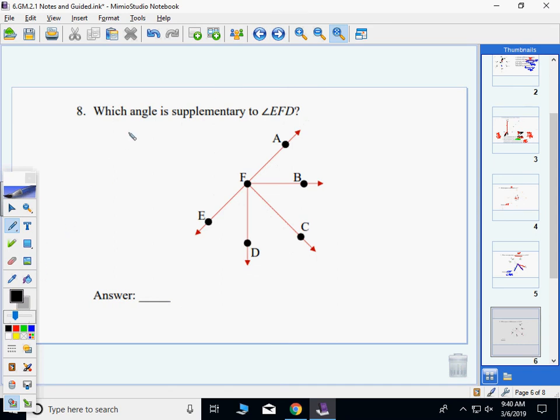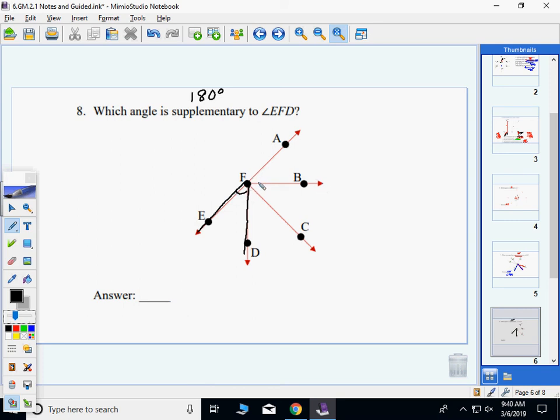All right, number 8. Which angle is supplementary to angle EFD? Remember, supplementary together make a straight line or 180 degrees. So EFD is this angle here. So I want to find the angle that makes a straight line with it. AFB? You're close. It's not going to be the B though.